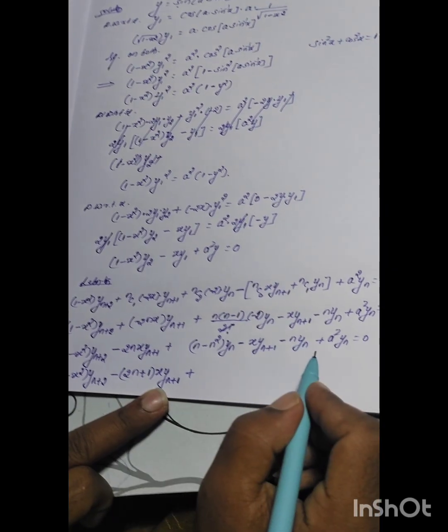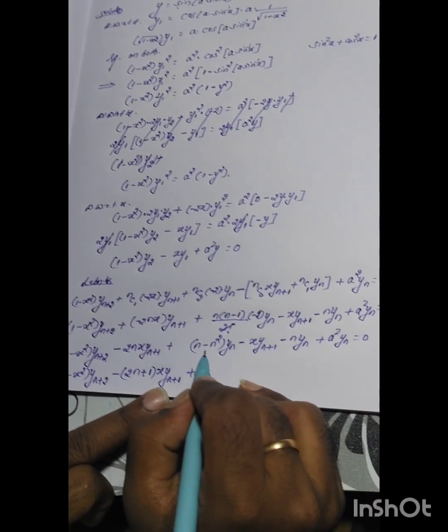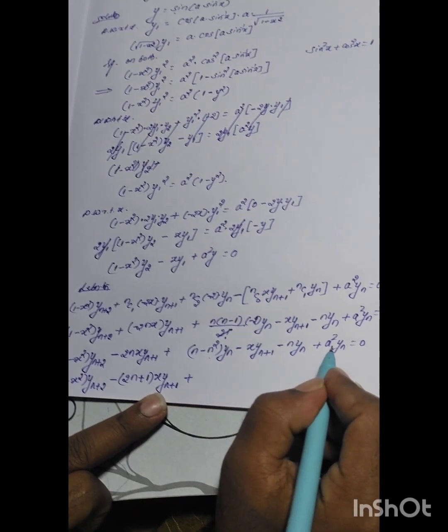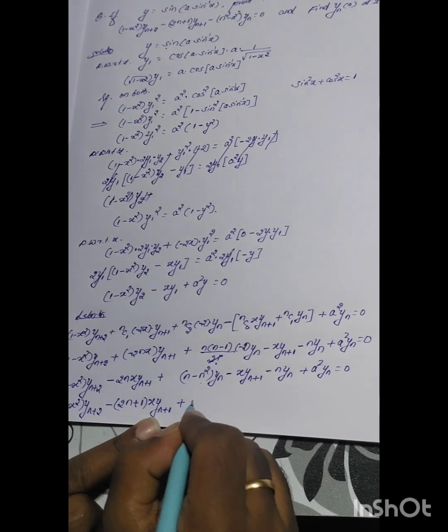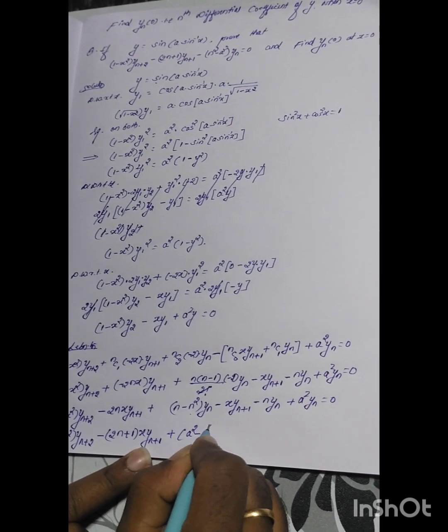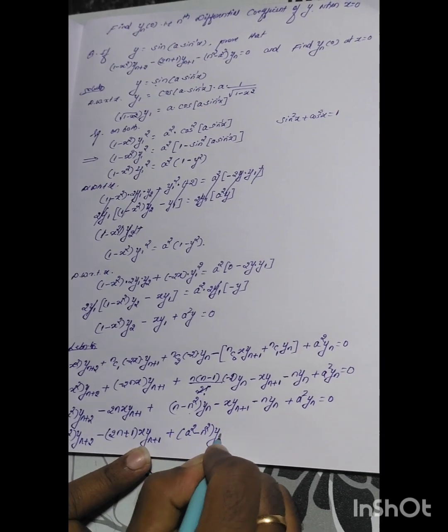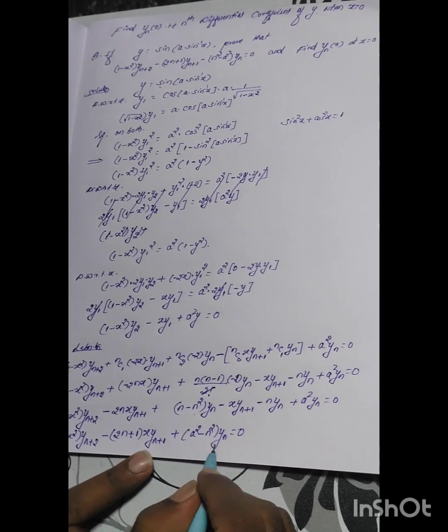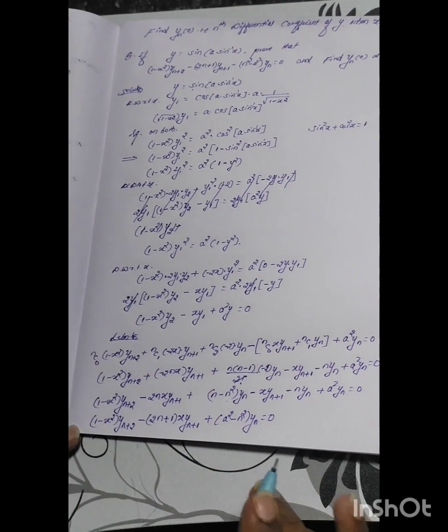So what remains inside is minus n square plus a square, that will be (a square minus n square) yn, equal to 0, which is the required thing to be proved.